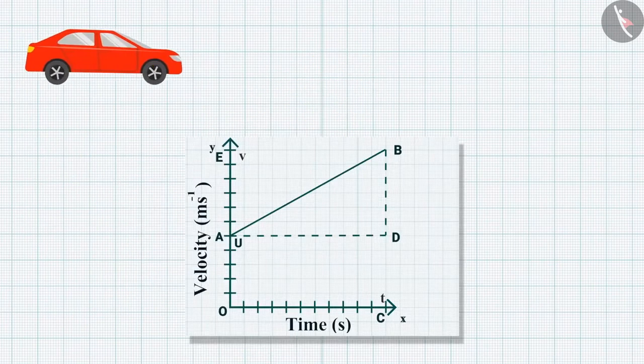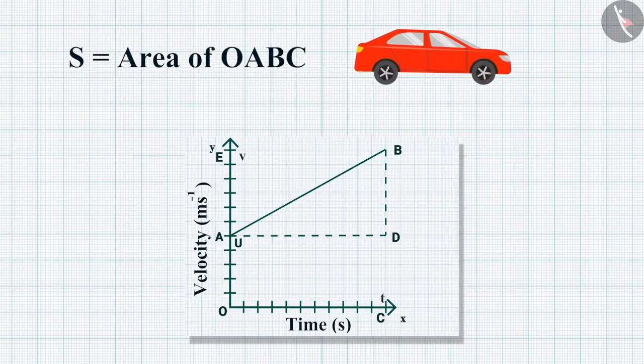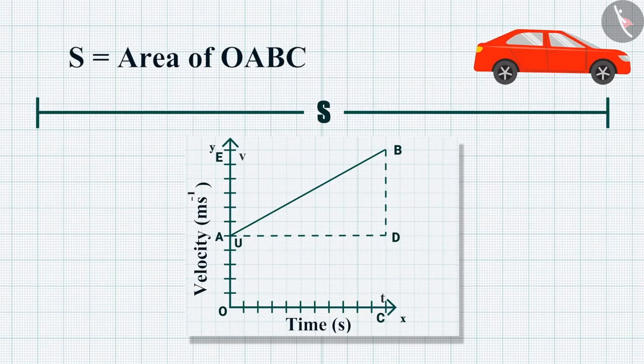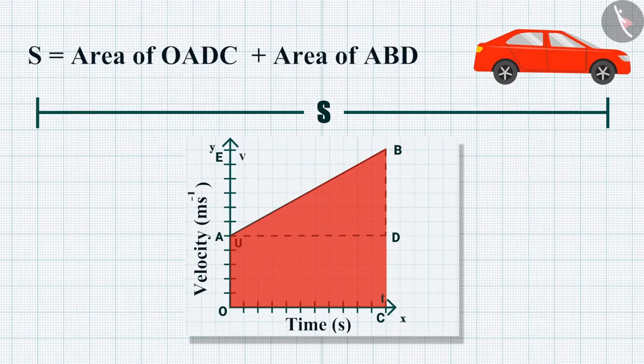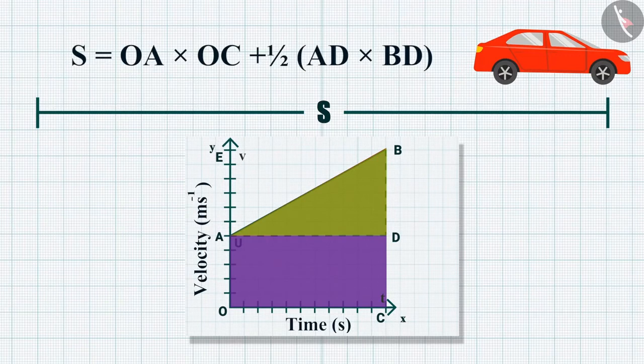Let the distance travelled by the car be s, which can be calculated as s = area of OABC, which is equal to area of rectangle OADC plus area of triangle ABD, which is equal to OA multiplied by OC plus 1/2 multiplied by AD multiplied by BD.